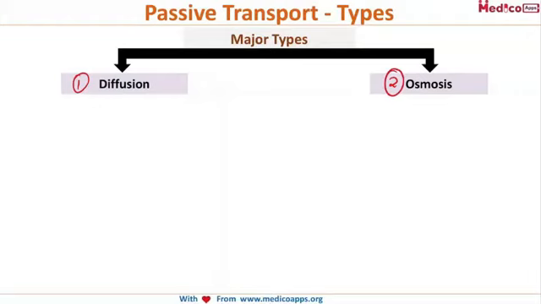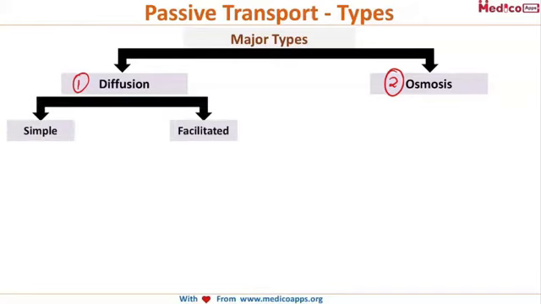However, this diffusion can be simple, that is without the use of any other molecule, or it can be a facilitated type of diffusion, right, in which the diffusion of a large water soluble molecule occurs along with a carrier protein, right. So, facilitated diffusion requires carrier protein, whereas simple diffusion does not require any carrier proteins, right.